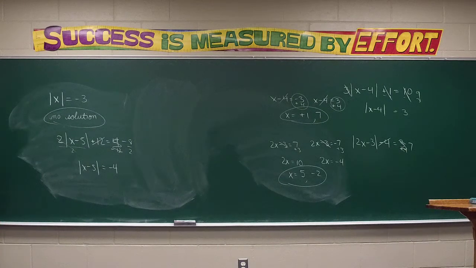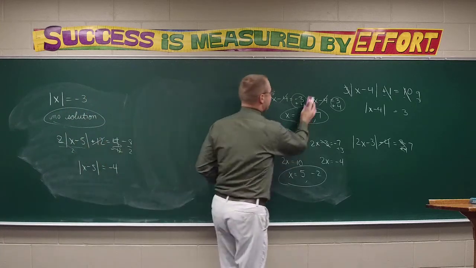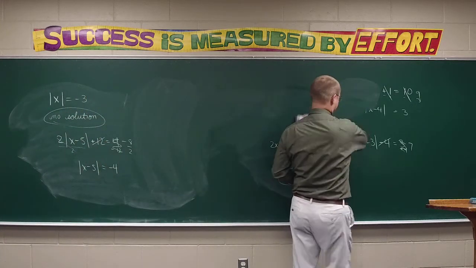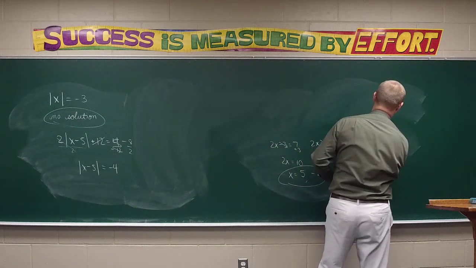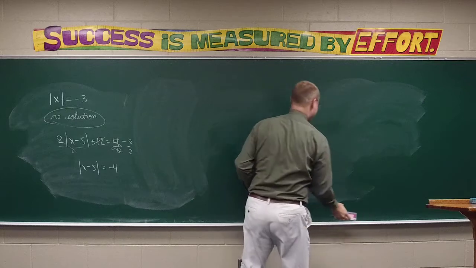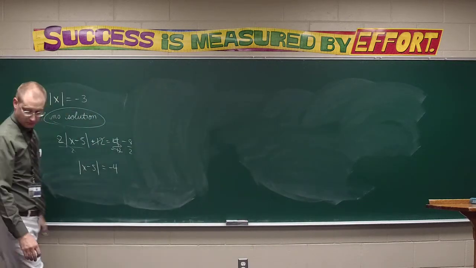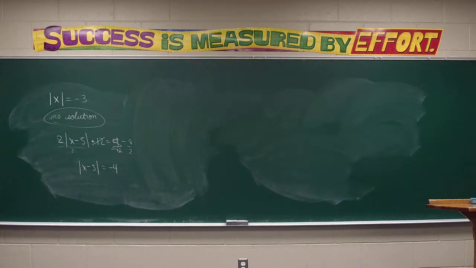There's also a case where an absolute value could have only one solution. Write this down. If an absolute value equation has a variable inside and outside the absolute value, you may have one solution and an extraneous root.